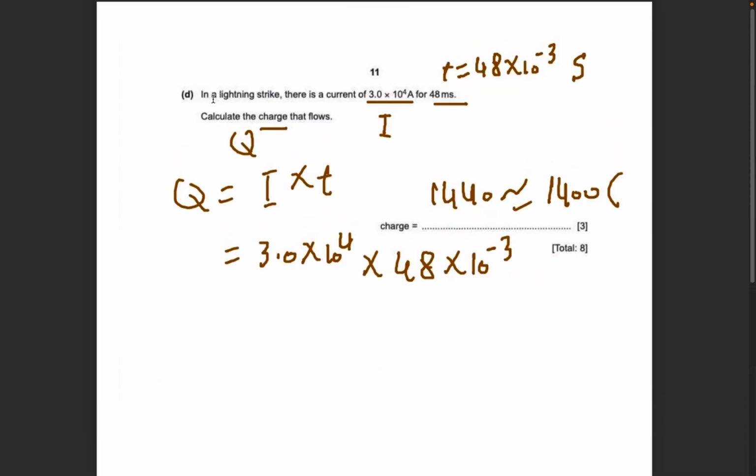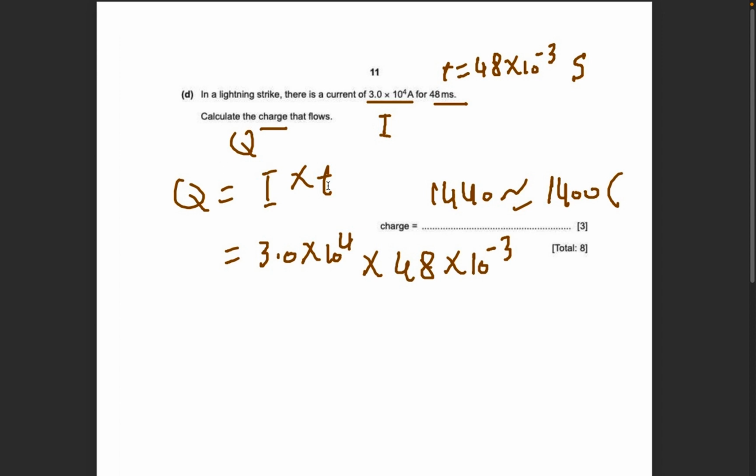D. In a lightning strike, there is a current of 3.0 times 10 to the power of 4 ampere for 48 milliseconds. Calculate the charge that flows. Here we have to convert from millisecond to second, so 48 times 10 to the power of negative 3. And here he asked me to get the charge.